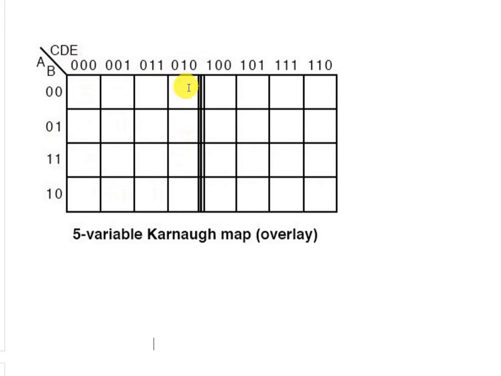In this 4 variable 4x4 cell, C remains 0. And in this case, C changes to 1, 1, 1, 1. So we can separate a 5 variable K-map using 2 4 variable K-maps. In one case C will be 0, and in another case, C will be 1. And for 6 variables, we'll have 4 tables, 4 K-maps.